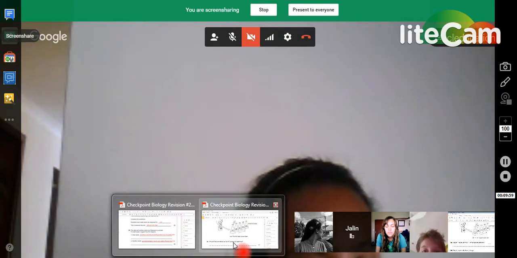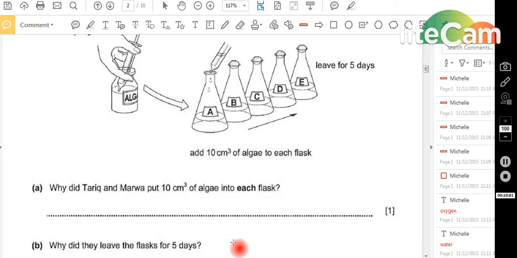So what you want to achieve in this question is, whenever you're doing an experiment, it's very important that there should only be one variable that has different values. Variables are all the things that have an impact on an experiment. So if we had different concentrations of magnesium sulfate and different volumes of algae, will the results be trustworthy?